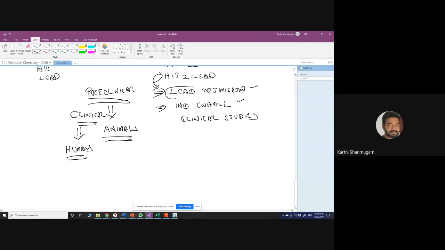We don't have any stages in preclinical studies, but we have four stages in clinical studies: phase 1, phase 2, phase 3, and phase 4 clinical studies. We don't have any such phases in preclinical studies.